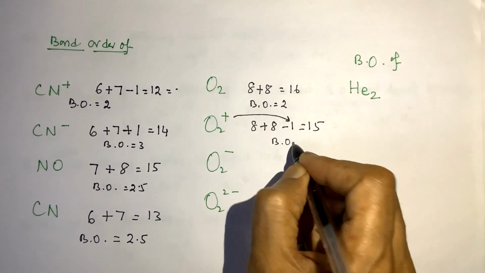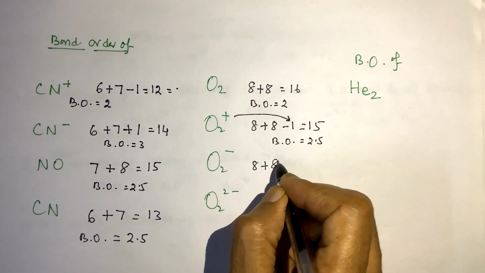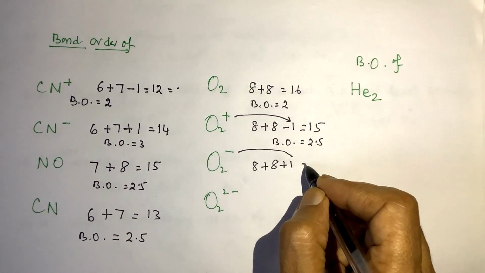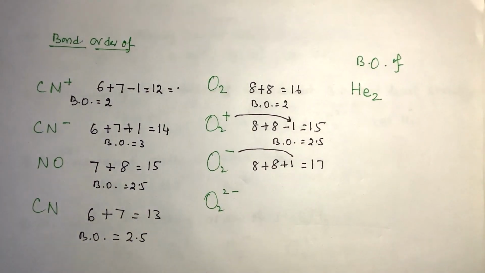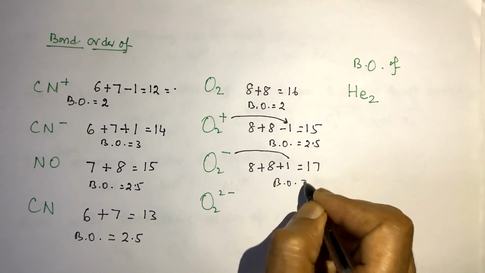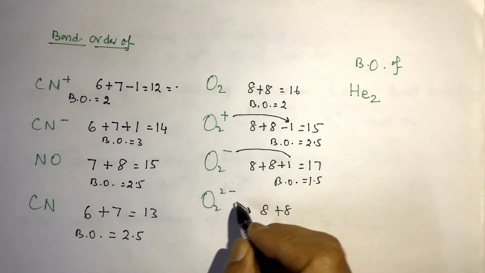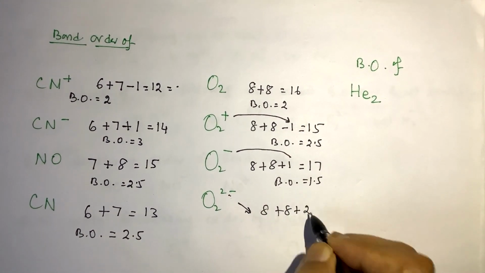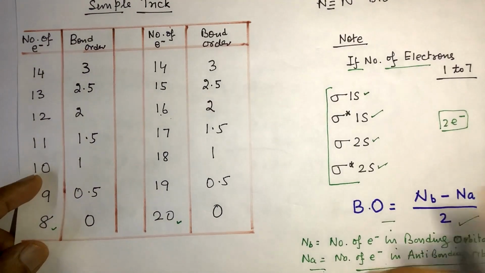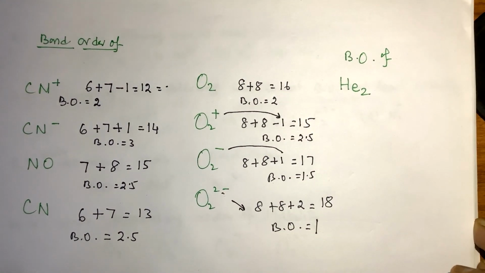Bond order is 2.5. O2 minus: 8 plus 8, and for minus, 1 electron is added, so this becomes 17, and for 17 the bond order is 1.5. Again, for O2 2 minus we add 2 electrons and it becomes 18, and for 18 we refer to the table, bond order is 1. This way we can calculate the bond order.